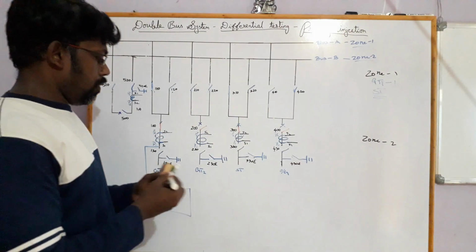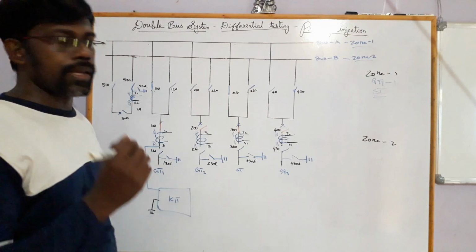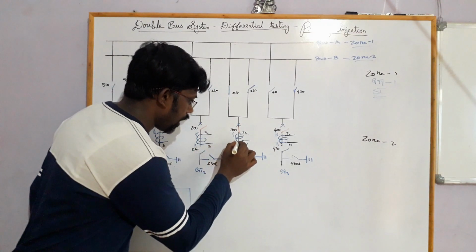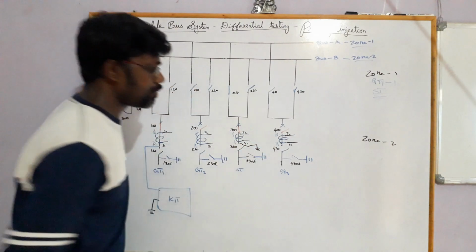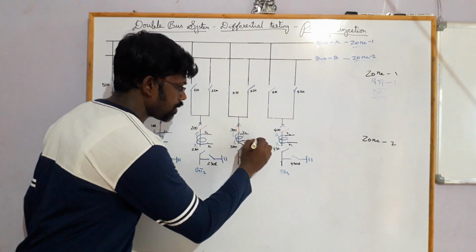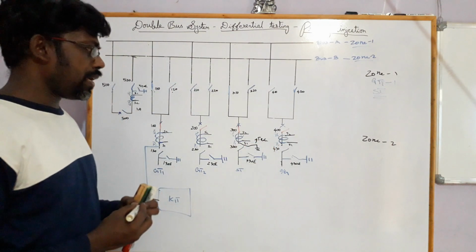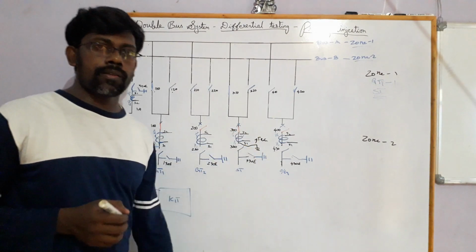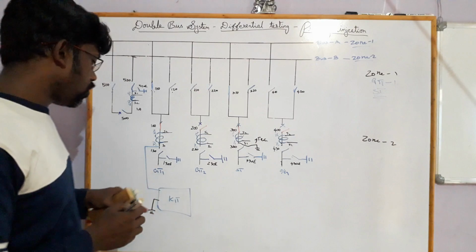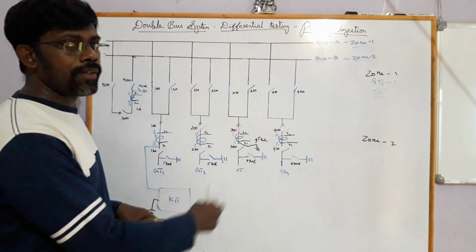Now I am going to make one temporary earthing cable. This temporary earthing cable I connected to P1 and grounded. I have made an earthing, so from this earthing to this earthing, it will automatically have a connection.